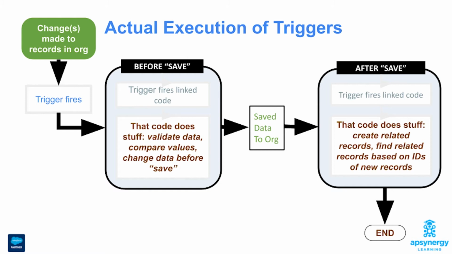Then the information is saved to your organization's database. Then the after trigger actions take effect, which can include things like creating connected records or searching for related records and doing something with them. All of this is predicated on the record ID that was just stored. The trigger then sits back and waits for the contact object to do something else.